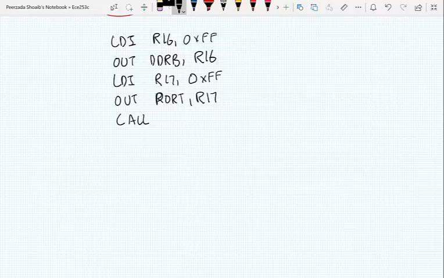So maybe I can give it any label, maybe ABC, or sometimes I give it a label that specifies its function. So I can use a label DELAY here. I have not yet described this delay function. That we will do later.